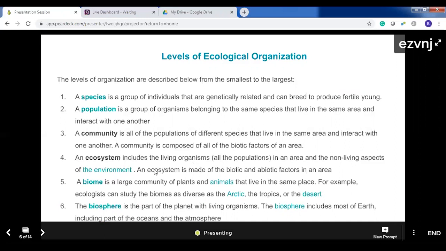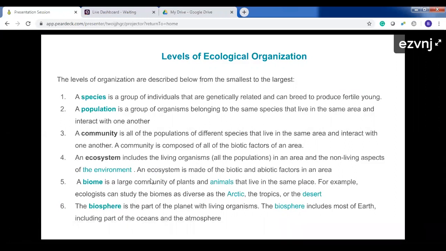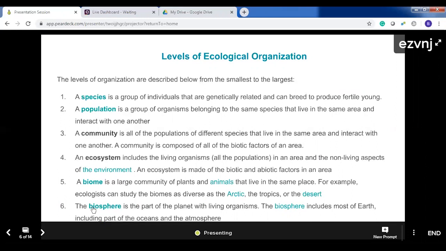Another level of ecological organization is the biome, which is a large community of plants and animals. As examples, we can say the desert, the Arctic, the tundra, the taiga, or the tropical rainforest. They are part of biomes. And the biosphere, the largest level of ecological organization, includes the Earth where all organisms are found, and part of it are the ocean, the atmosphere, and everything. So these are the 6 levels of ecological organization.